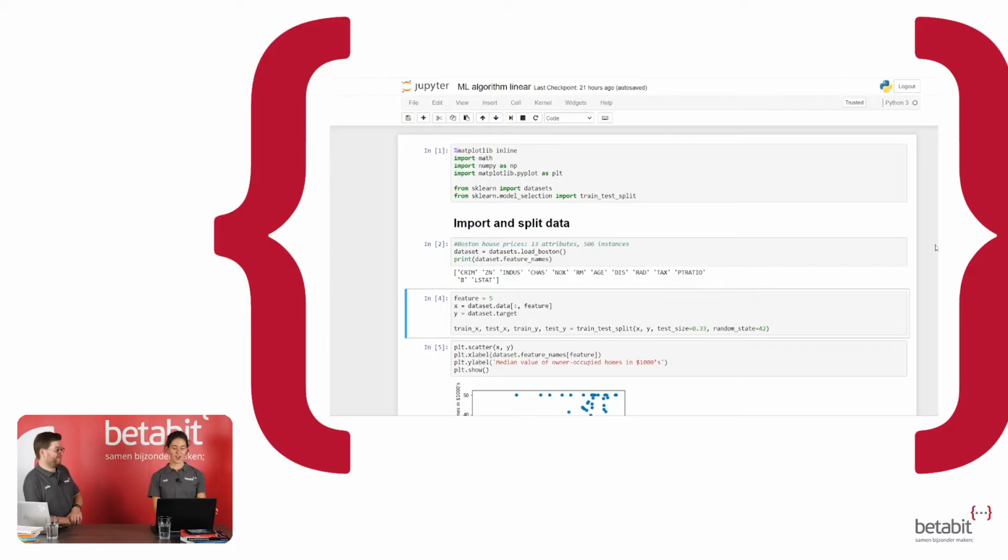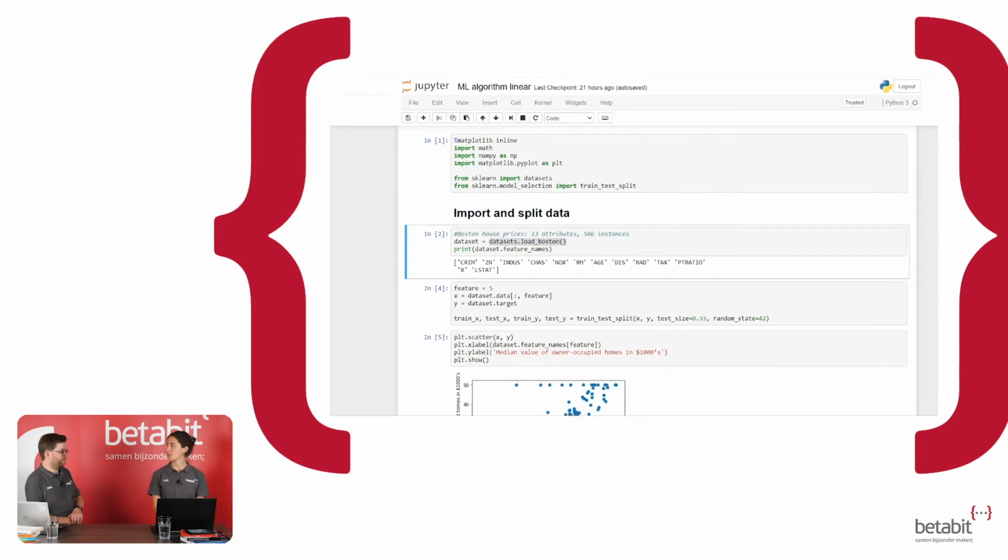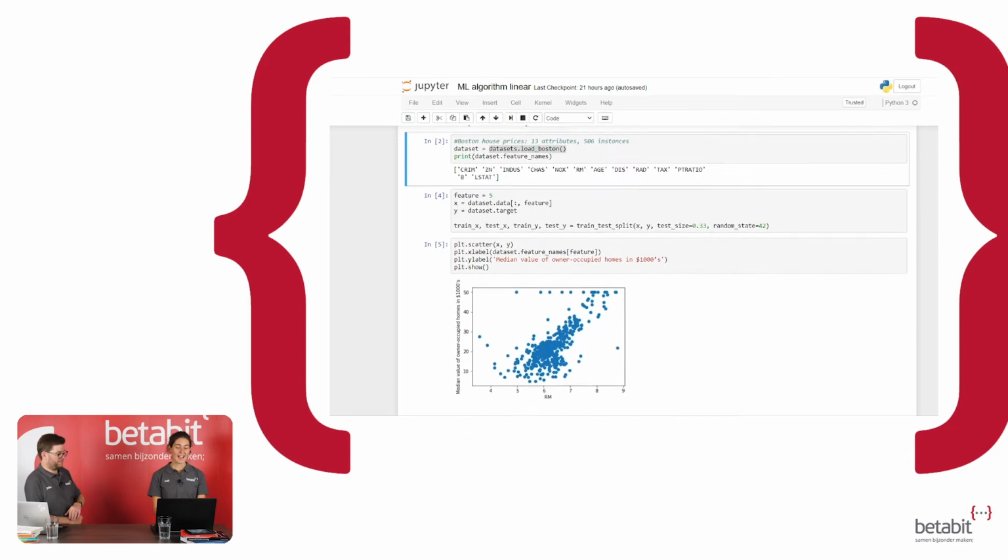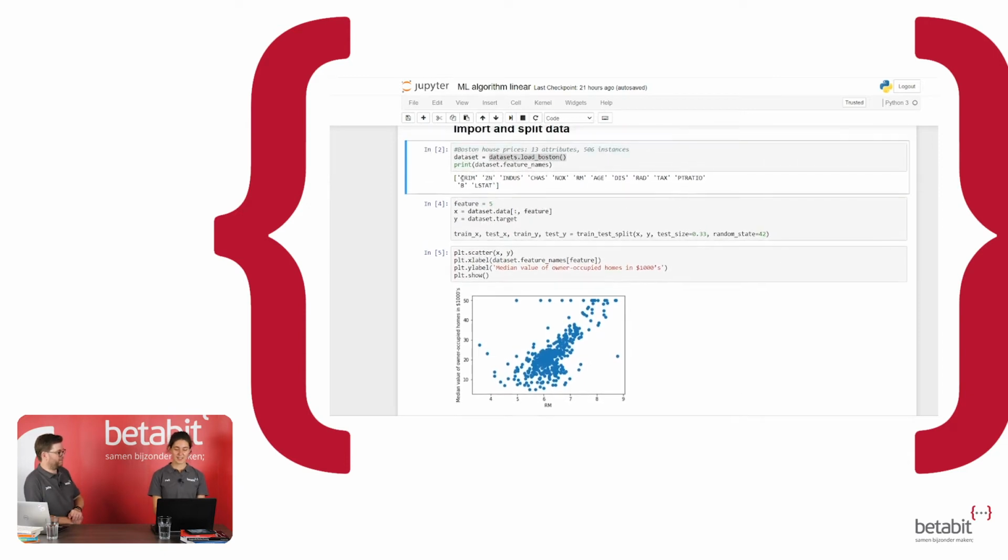Yeah. So we're just starting by loading our Boston dataset. And we can see that it has the 13 features on it. So we're just going to use feature 5, which is the average amount of rooms that there are.